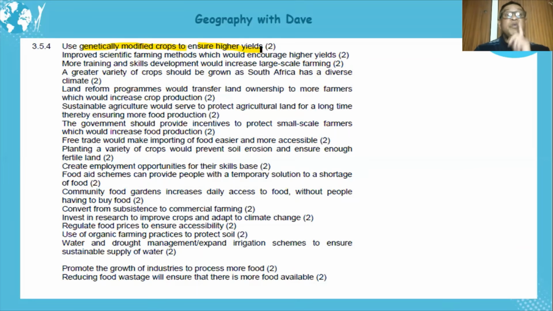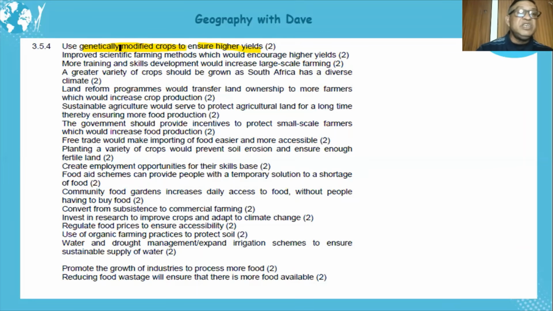Once again, we notice, what do the examiners want? They don't just say use genetically modified crops. Yes, once in a while in the memo, you may find some answers just come short. It's your luck. But generally, the examiners want you to answer the question. It talks about how it can help to improve food security or reduce food insecurity.